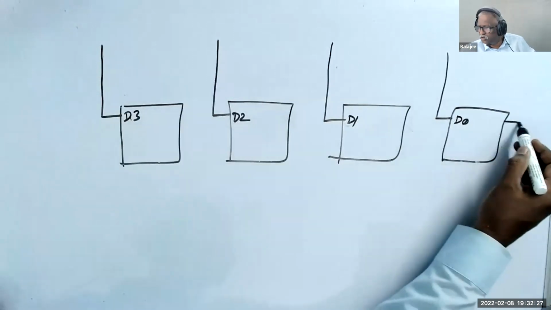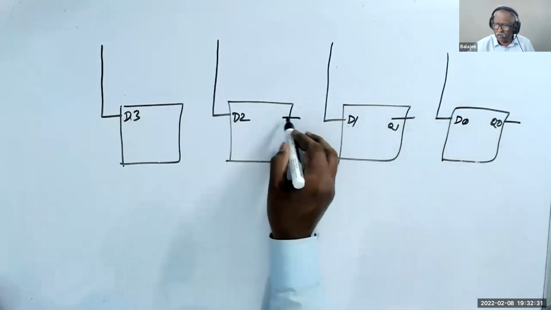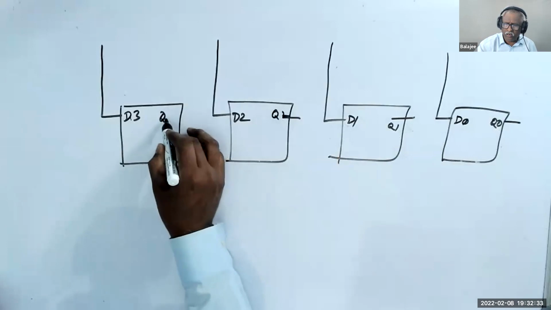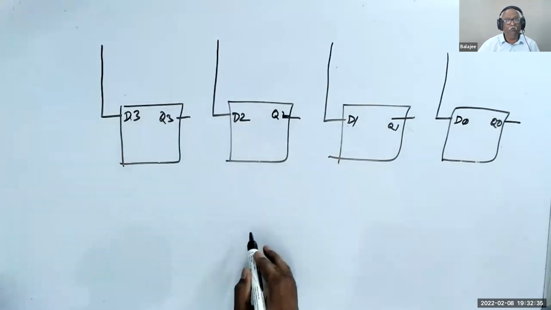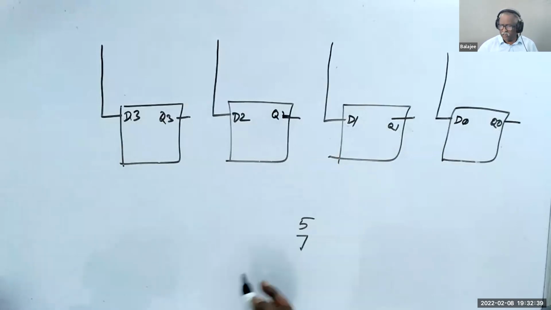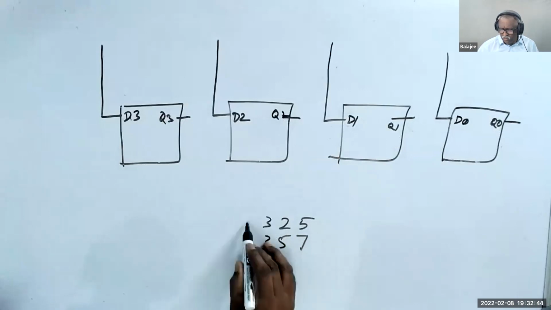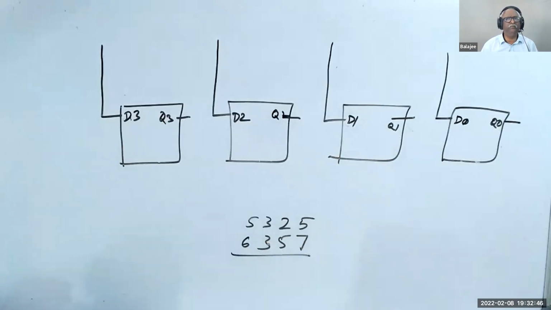This is Q0, Q1. See, this is like when you're learning in school, initially you add 1 digit, then we add 2 digits, then we learn to add 3 digits, then we try to add 4 digits.